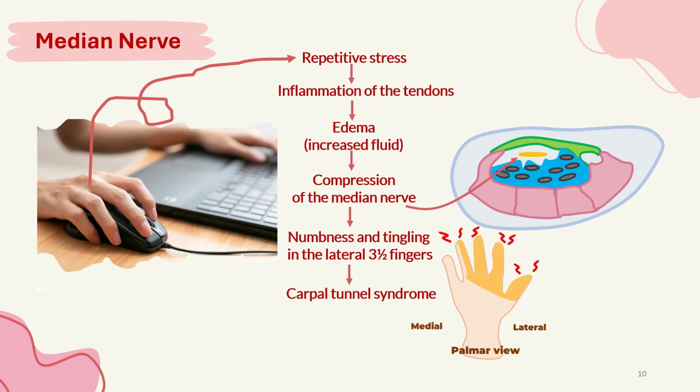And it's not only the office worker who can develop carpal tunnel syndrome, it can also happen in pregnant women because of fluid retention and in patients with rheumatoid arthritis due to joint inflammation. In these cases, the mechanism is the same, that is increased pressure inside the carpal tunnel and compression of the median nerve.